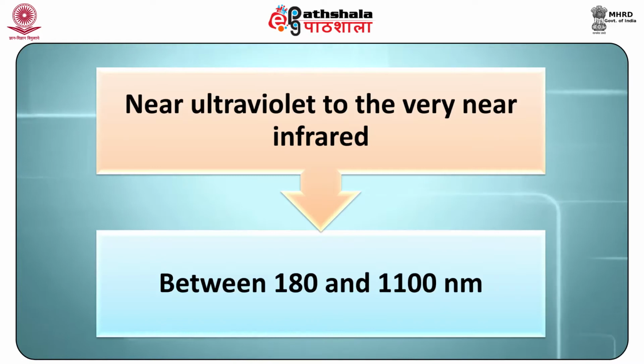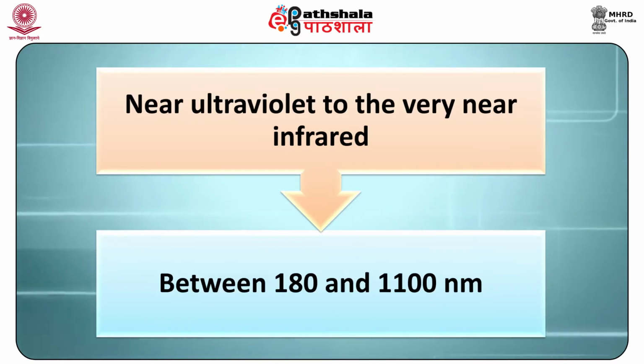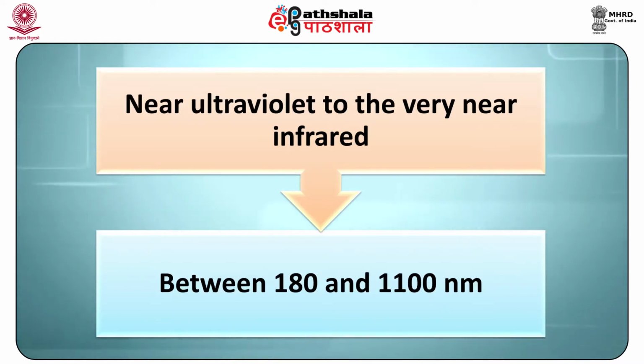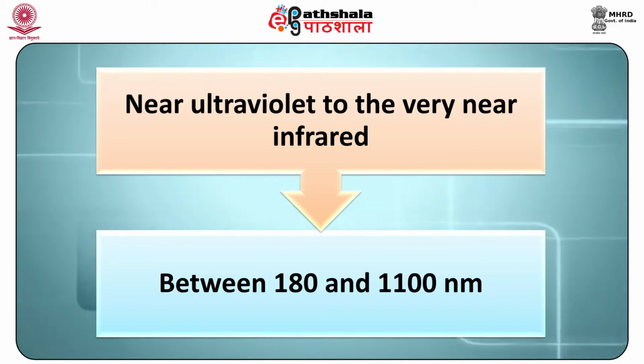The absorption by matter of electromagnetic radiation in the domain ranging from the near ultraviolet to the very near infrared, between 180 to 1100 nanometers, has been studied extensively. This portion of the electromagnetic spectrum is designated as the UV or visible, since it includes radiation perceptible to the human eye.